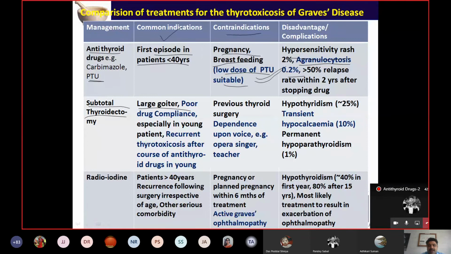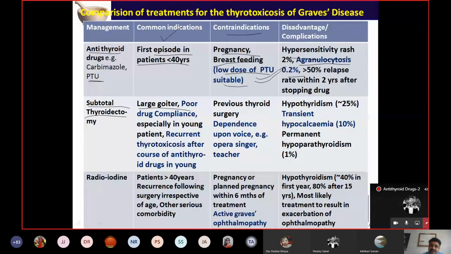Now the contraindication is previous thyroid surgery, and dependence upon the voice. I have already said, like an opera singer, and even a teacher, because there will be a change of the voice. Even actors who are famous for their voice, it is contraindicated in persons who depend on voice.